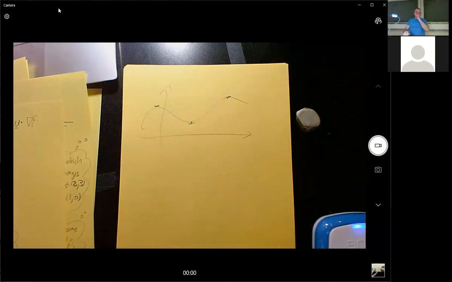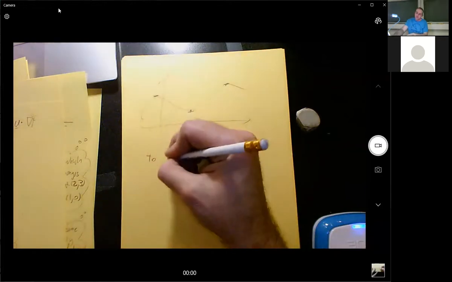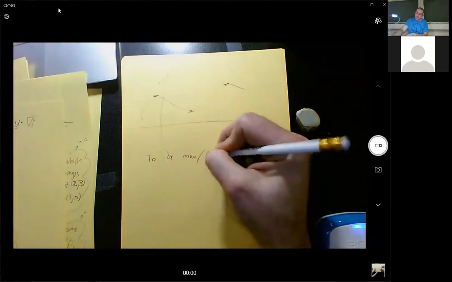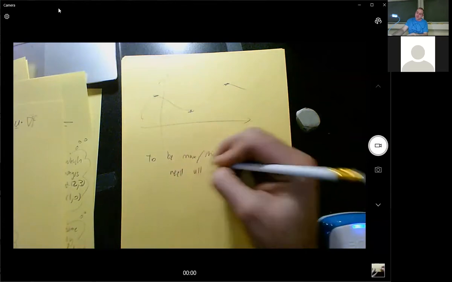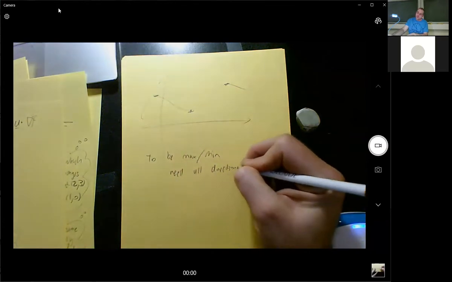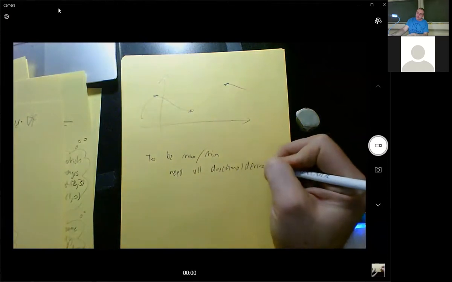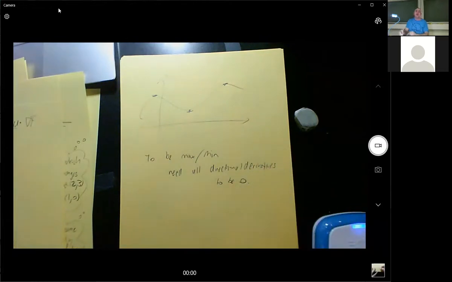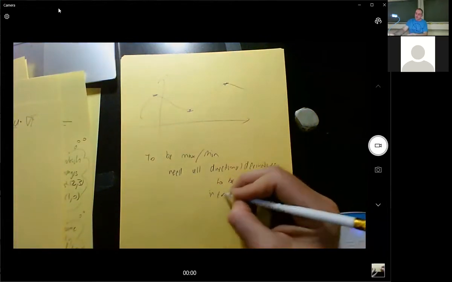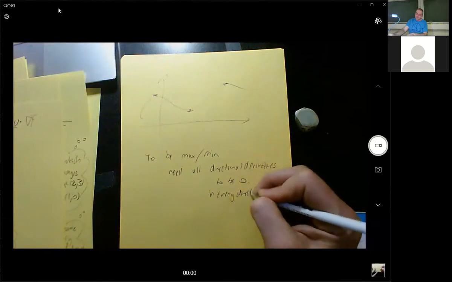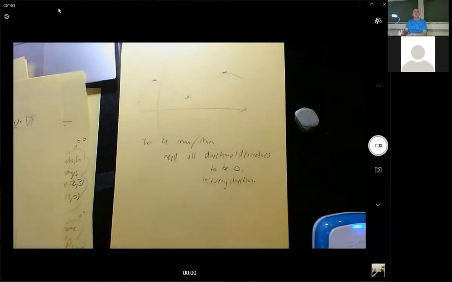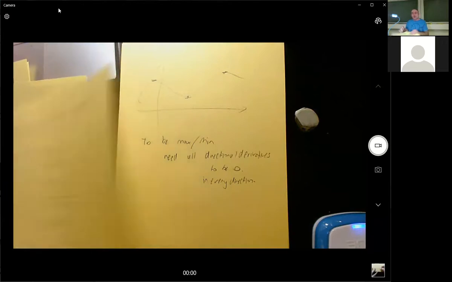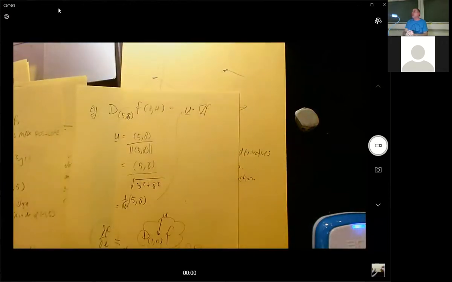So to be a maximum, you need all the directional derivatives to be 0 in every direction. But the cool thing is that if you make df on dx 0 and df on dy 0, because of the dot product, that'll make it come out to 0 in every direction anyway.